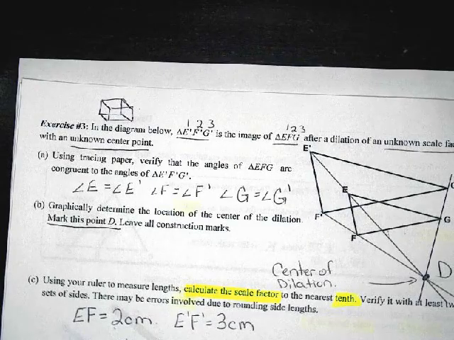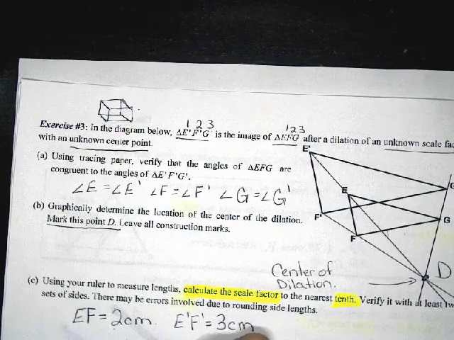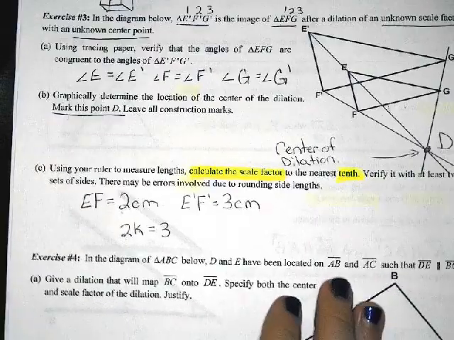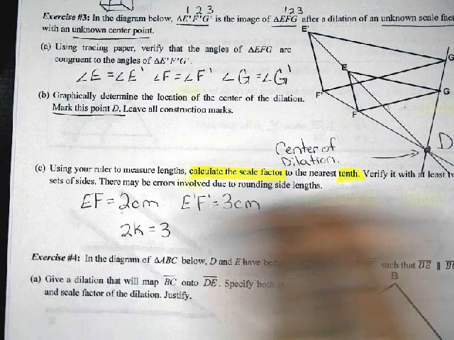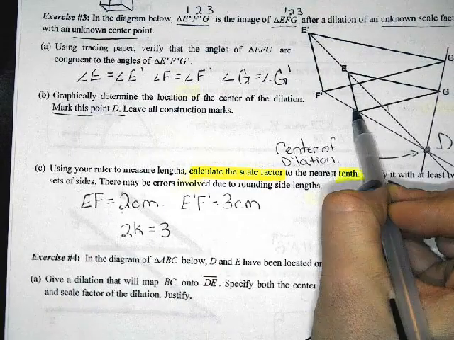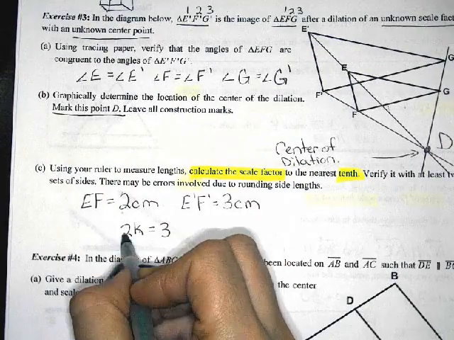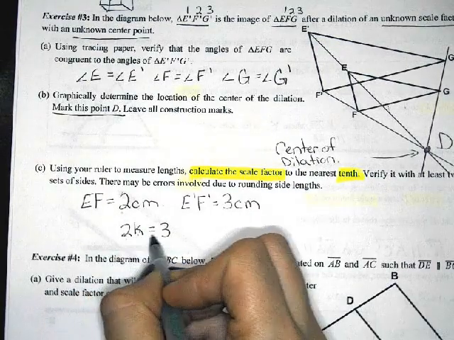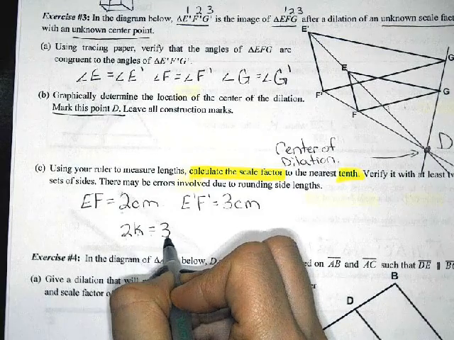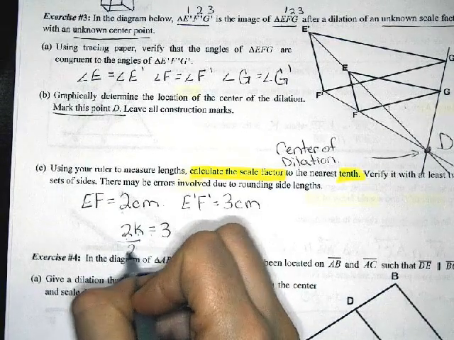If this looks somewhat familiar, it's like doing a one-step equation. Again, EF was 2, E prime F prime was 3, and I set up the original times k equals 3, the dilated image. So just divide by 2.